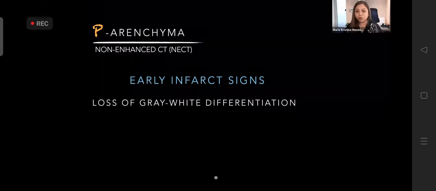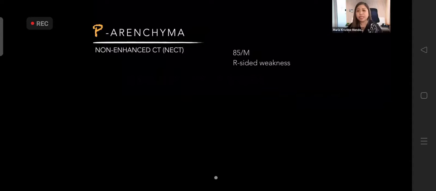So one of the early infarct signs that we'll look for would be the loss of gray-white matter differentiation. This could be very subtle, but once you already have the clinical picture of the patient and you are suspecting an infarct in certain areas, you would have to look for this sign in the probable areas of involvement.